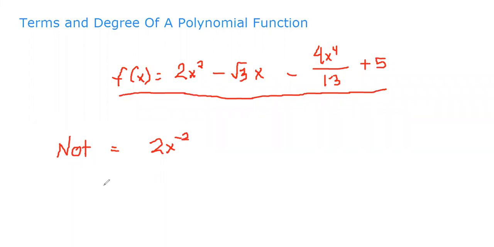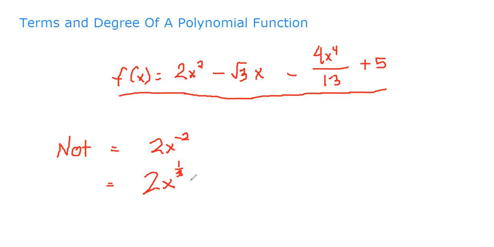Another one that is not a polynomial function, for example, is 2x raised to 1/3. When our exponent is a fraction, that is not a polynomial, because it is not an integer. Our exponent needs to be an integer.